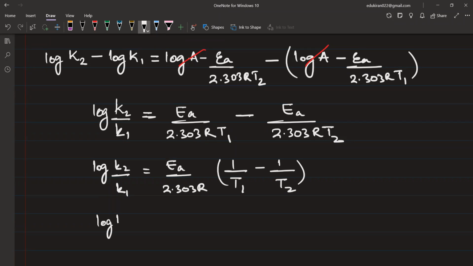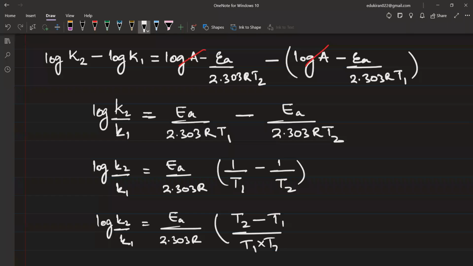Further, if you want to simplify, you can write K2 upon K1 is equal to the activation energy upon 2.303 R into T2 minus T1 upon T1 into T2. Now you can take the LCM, and here you will get T2, here you will get T1, and in the denominator you will get T1 into T2. Okay, so write this down.